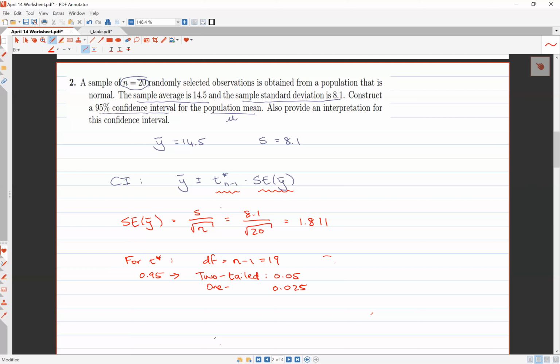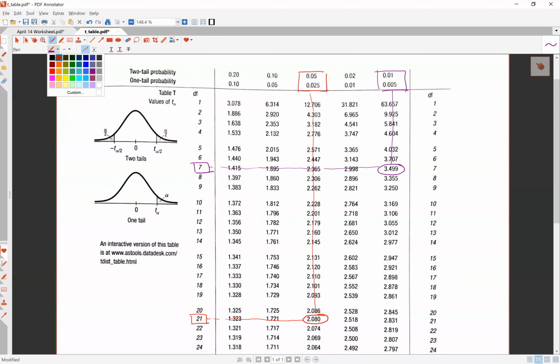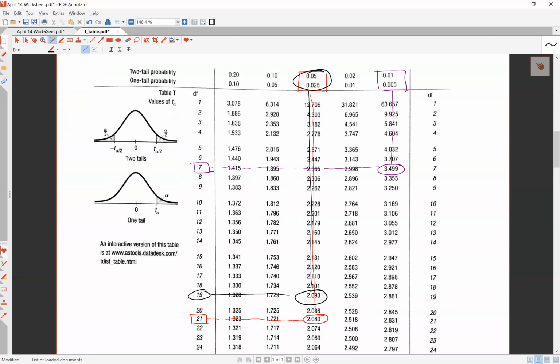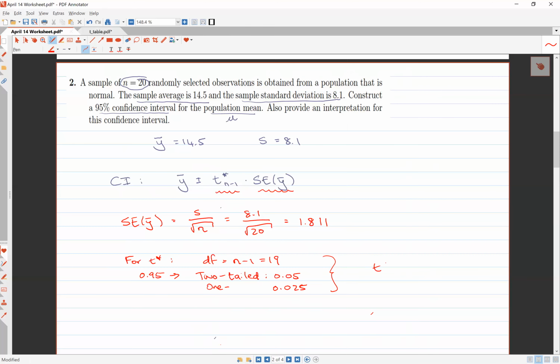So this just informs which row and column to use in the table. We need 19 degrees of freedom and the 2.5%. And so that gives us a value in this case of 2.093. So there's our T star value with 19 degrees of freedom, 2.093.